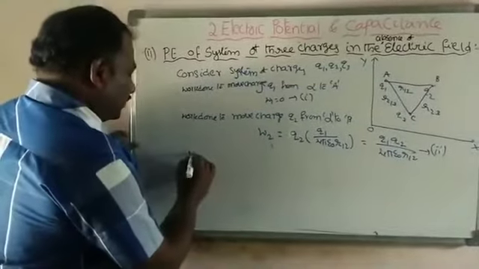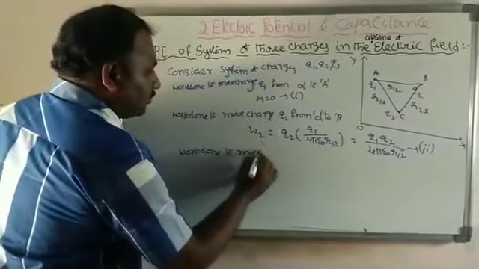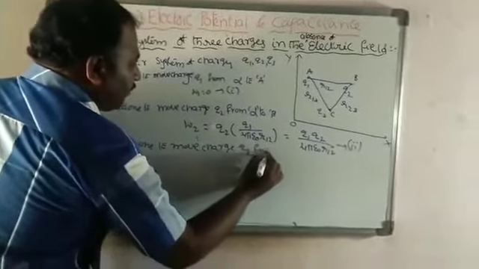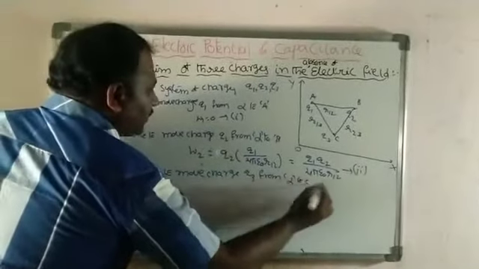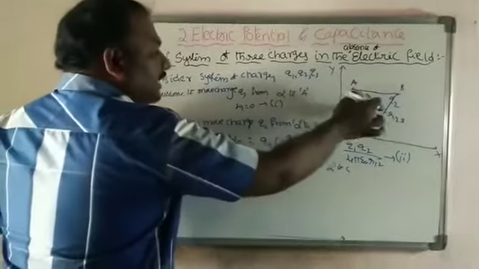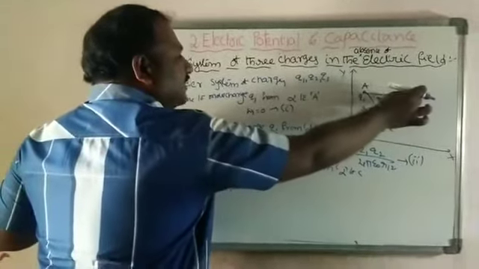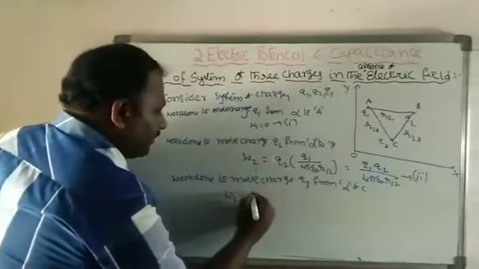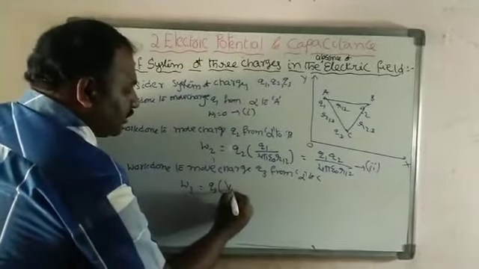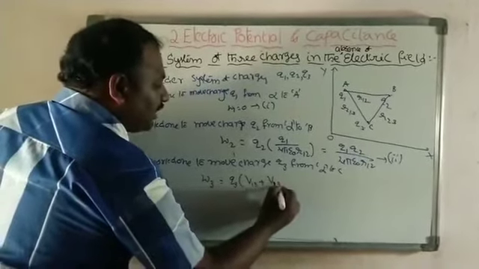Now the third one is the work done to move charge Q3 from infinity to C, which is W3. On this charge the field is acting, on this charge the field is also acting. Then W3 is equal to Q3 into potential due to 1 on 3 plus potential due to 2 on 3.